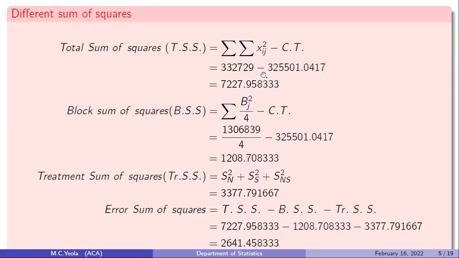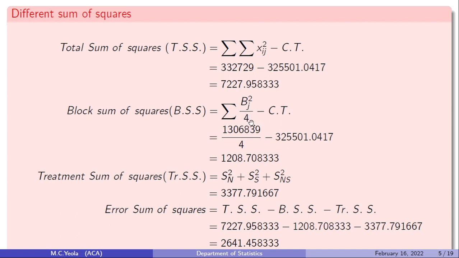After taking subtraction, we will get this as the total sum of square, TSS we are writing here, or you can write TOSS also.